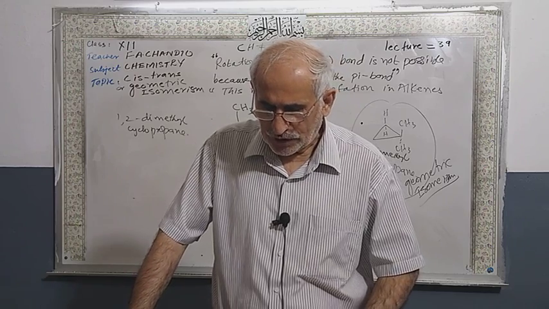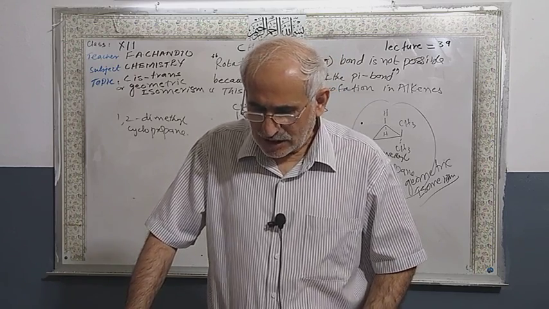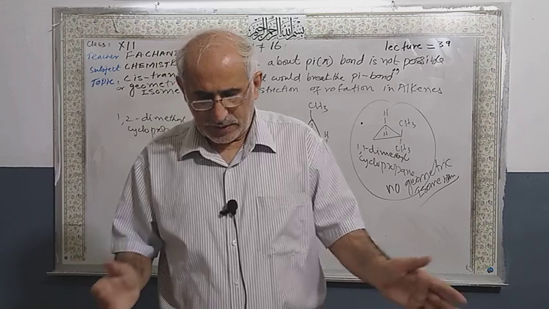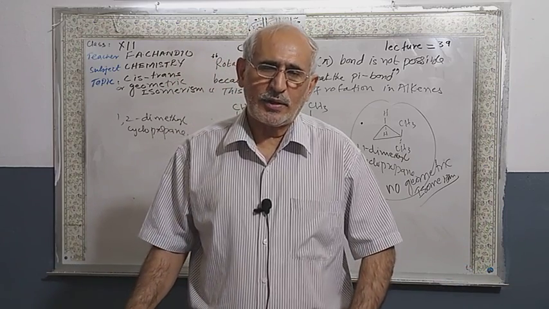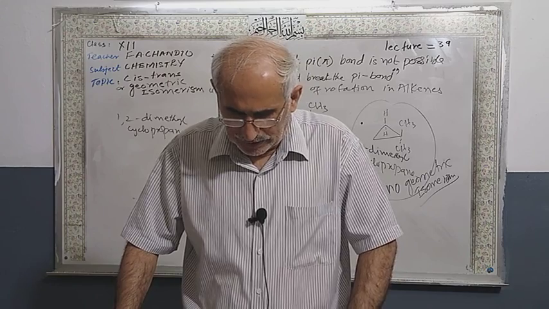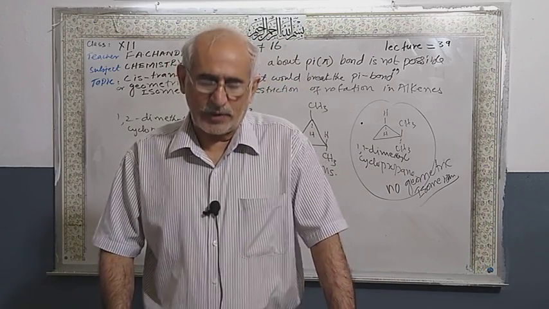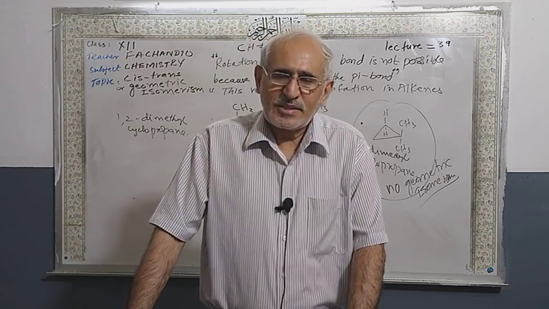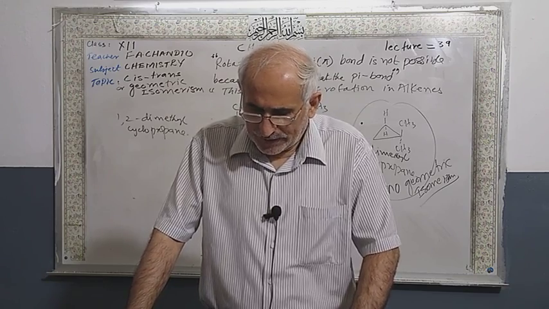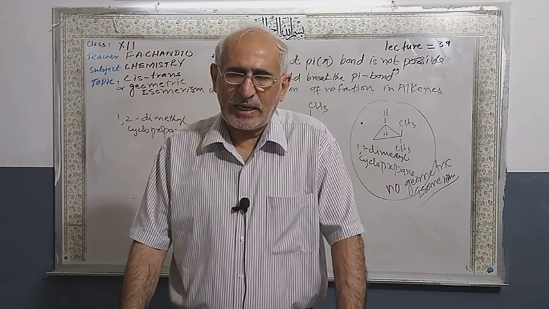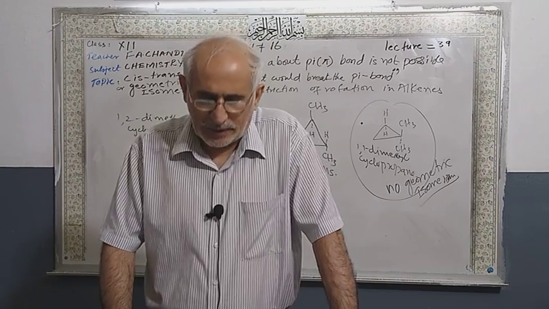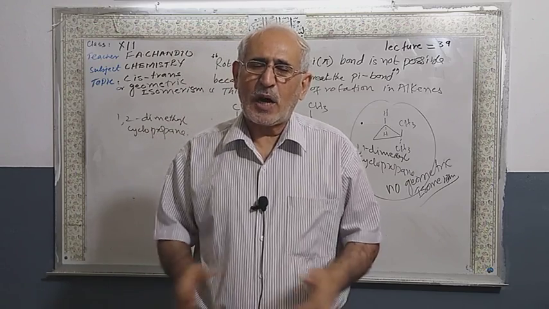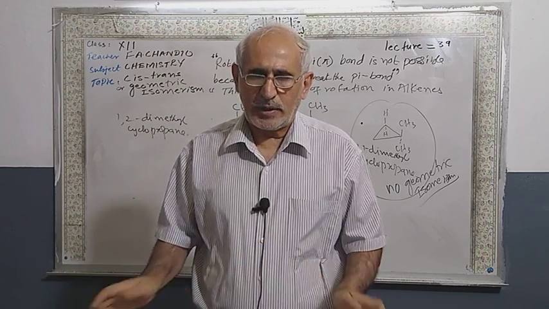The restriction of rotation about the carbon-carbon double bond is responsible for geometrical isomerism, and these can be interconverted upon very strong heating. Strong heating can convert cis and trans isomers into each other. A cis isomer has similar groups on the same side of the carbon-carbon double covalent bond, and a trans isomer has similar groups on the opposite side of the double bond.